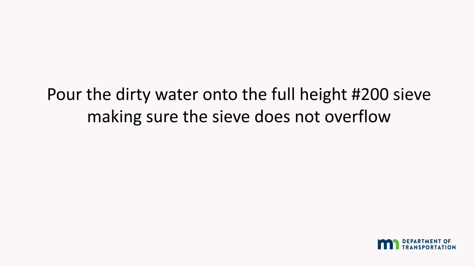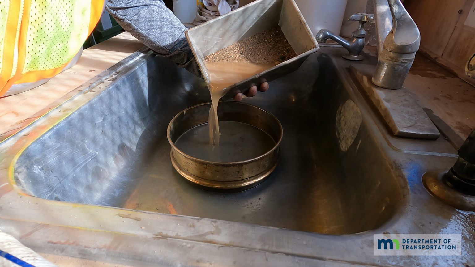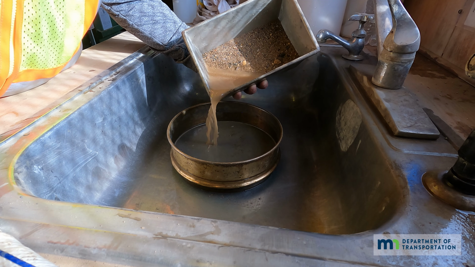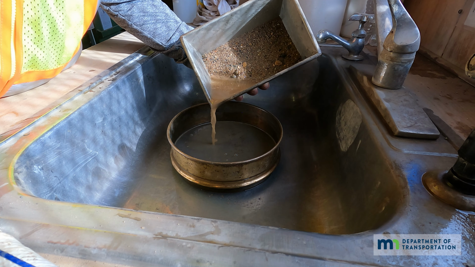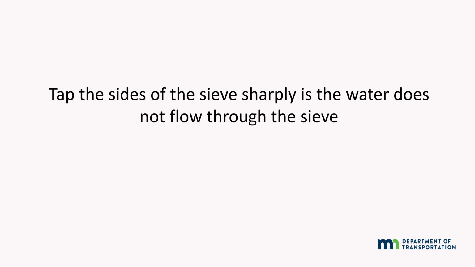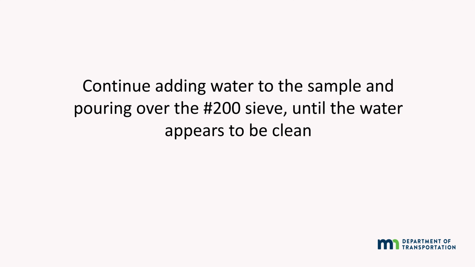Pour the dirty water onto the full height number 200 sieve, making sure the sieve does not overflow. Tap the sides of the sieve sharply if the water does not flow through the sieve. Continue adding water to the sample and pouring over the number 200 sieve until the water appears to be clean.